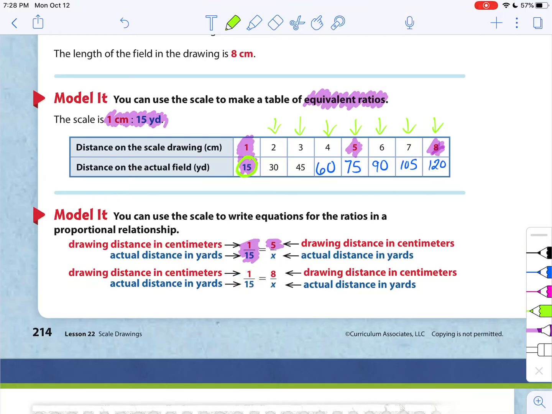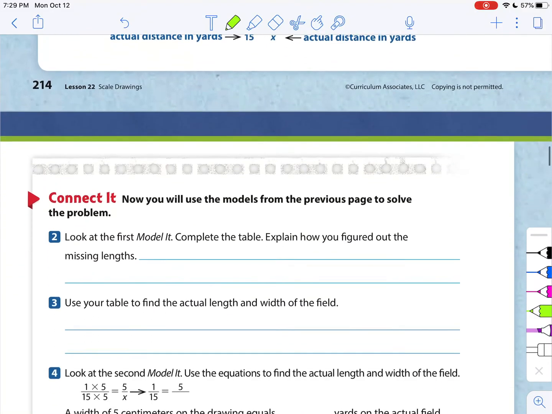And we know that the length of the scale drawing is 8, but we don't know the length of our actual, so we use x. So we can set up two proportions, one proportion to solve the width, and one proportion to solve the length. Let's answer a few more in-depth questions to get us thinking more about how to use those proportions to solve the problem.